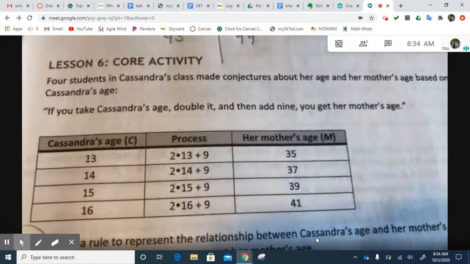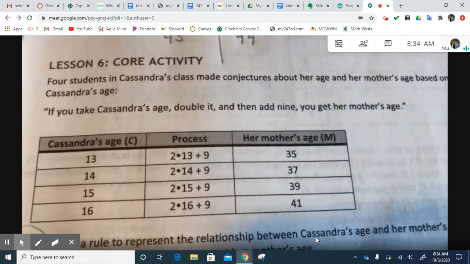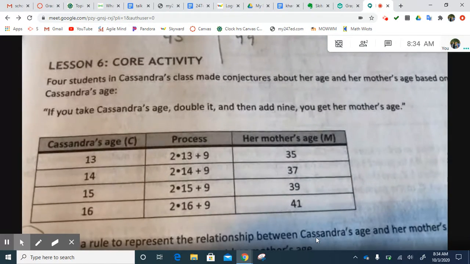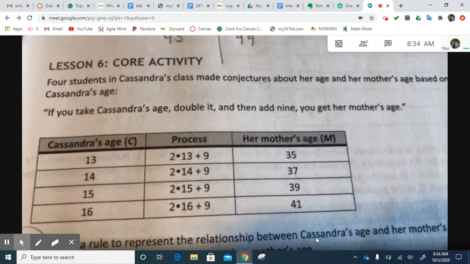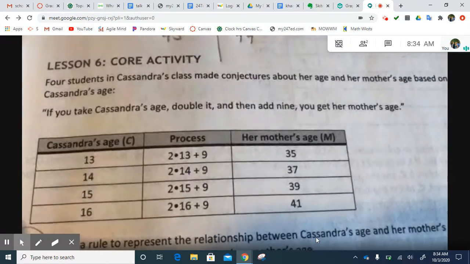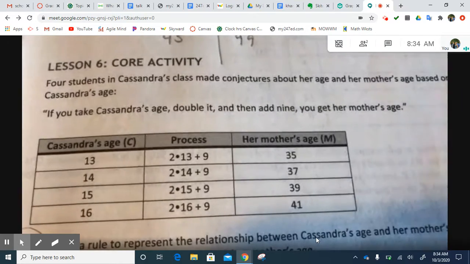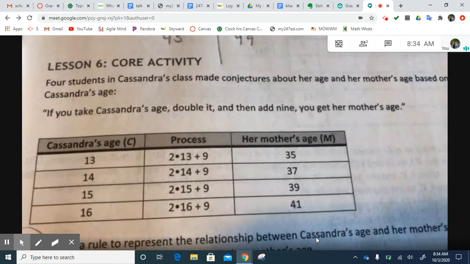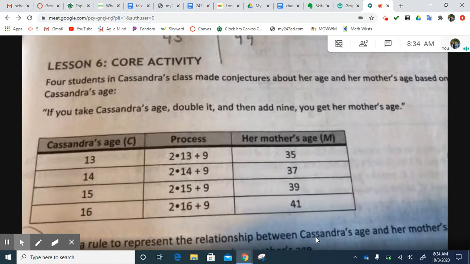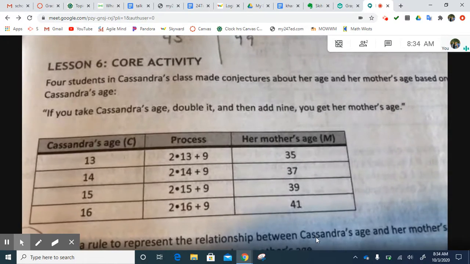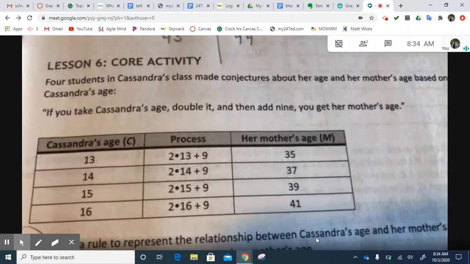All right, 4 students in Cassandra's class made conjectures about her age and her mother's age based on the clue about Cassandra's age. If you take Cassandra's age, double it, and then add 9, you get her mother's age. Write a rule to represent the relationship between Cassandra's age and her mother's age. Use C to represent Cassandra and M to represent her mother's age.